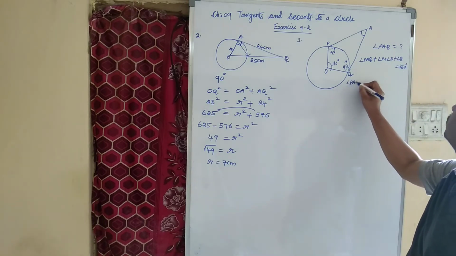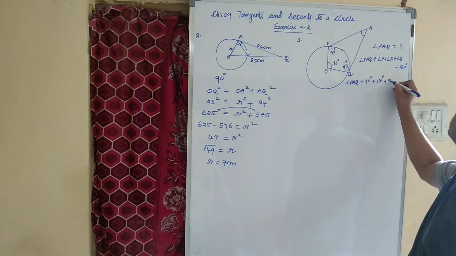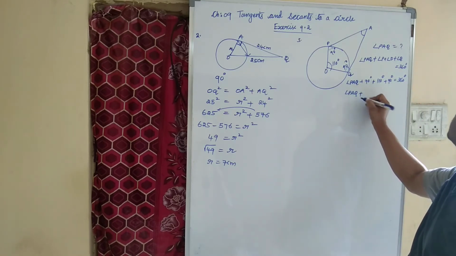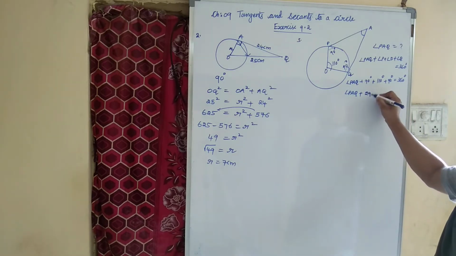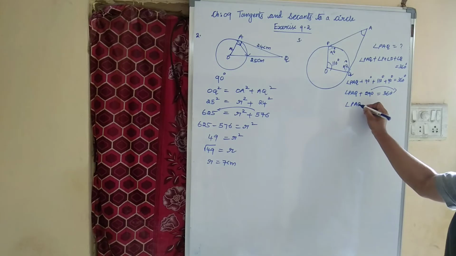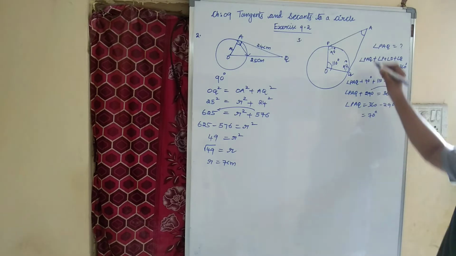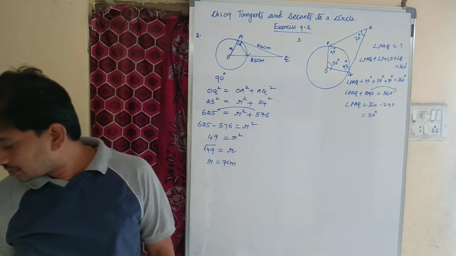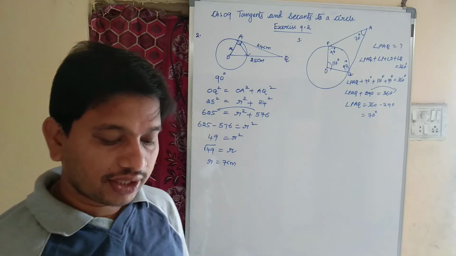So angle PAQ plus angle P is 90, angle O is 110, angle Q is 90, equal to 360 degrees. 90 plus 90 is 180, 180 plus 110 is 290, equal to 360. 290 you transpose, so angle PAQ equals 360 minus 290, that implies how many degrees? 70 degrees. So this angle is how many degrees? 70 degrees, right?